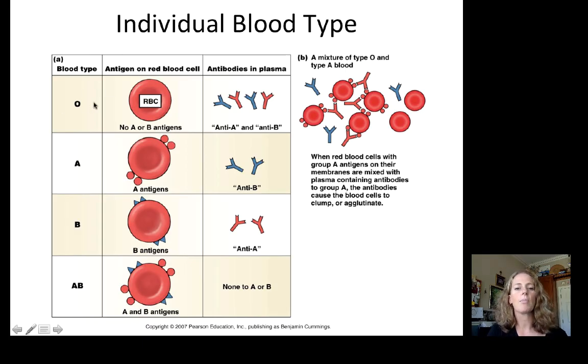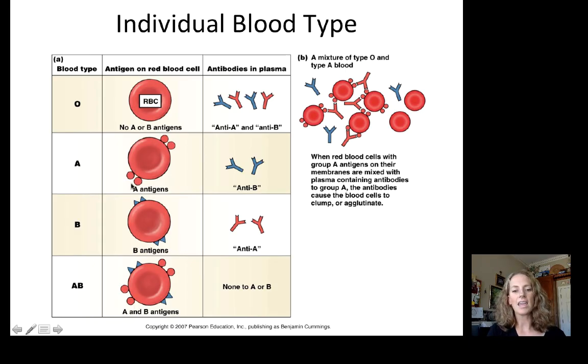If you are blood type O, you don't have any of these proteins. If you are blood type A, you have A antigens. If you're blood type B, you have B antigens. If you're blood type AB, you have A and B antigens.